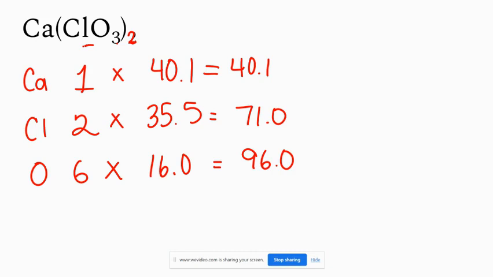What do we do with our parts? Add them up to get our whole. So I'm going to add all of those things up to get my whole. And I ended up with 207.1.